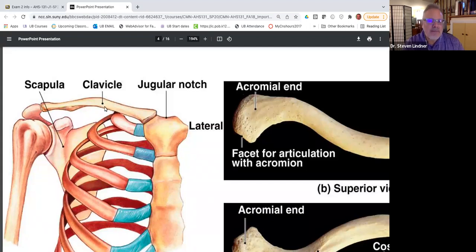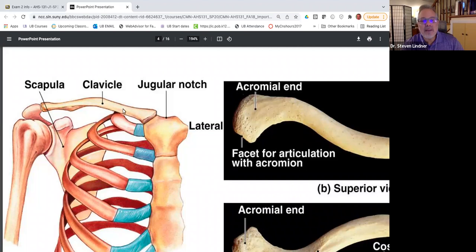And then here's the clavicle. Now the clavicle is a strut bone. What we mean by that, if you think of what a strut does, if you remember the original Star Wars movie, there's the scene where these walls are closing in and they try and use their hands and a bar to act like a strut to keep the walls from approximating and getting closer together, right? That's a strut.